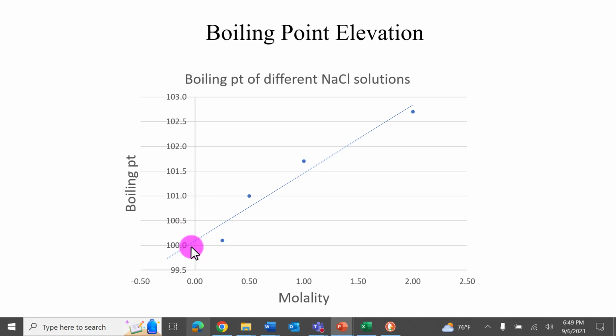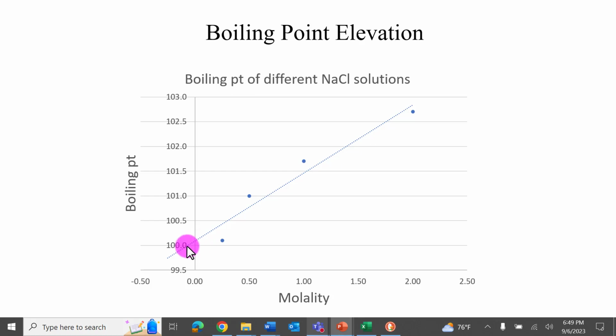Now this line is supposed to cross at 100 degrees because that's where pure water crosses. However, we don't have pure water, so it crosses a little above it, just a little different. If the molality is 0, if we have no salt, this is supposed to cross at 100.